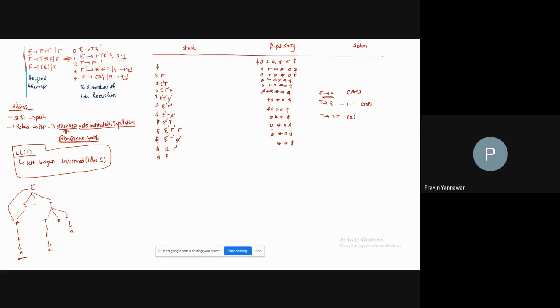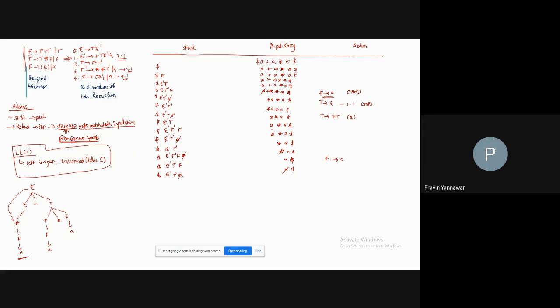So this is T dash F and star, and the input is star A dollar. So this star and this star are going to be moved off, right? So dollar E dash T dash F. So what is left is A and this F. So dollar E dash T dash F is A, and the input is A dollar. So this is going to be reduced. So here we write the action as F implies A.